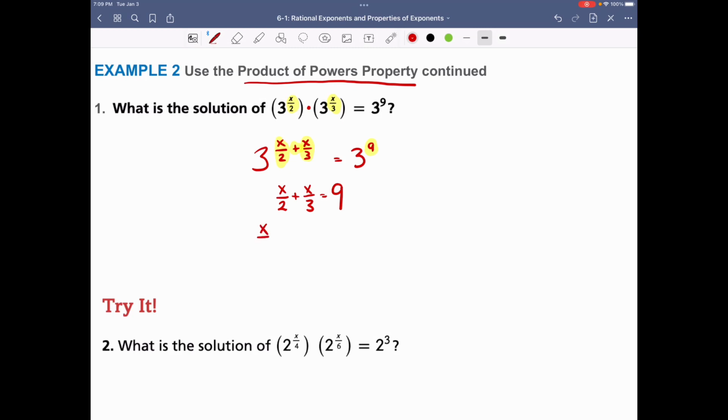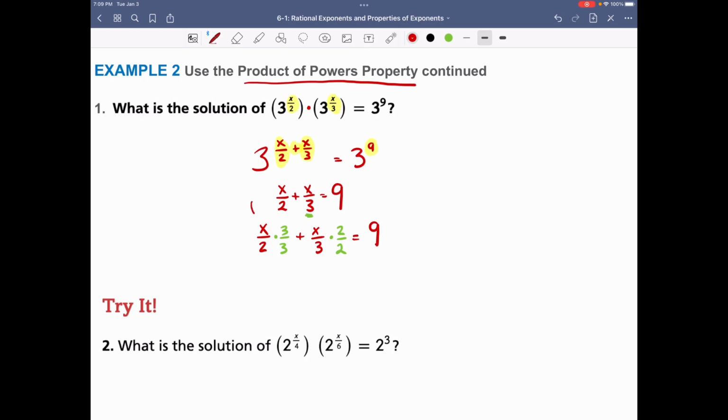So I'm going to write x over 2, and I'm going to multiply it by 3 over 3. And that 3 came from that denominator, plus x over 3, but I'm going to multiply that one by, can you tell me? Yeah, 2 over 2. And that is going to still equal 9.